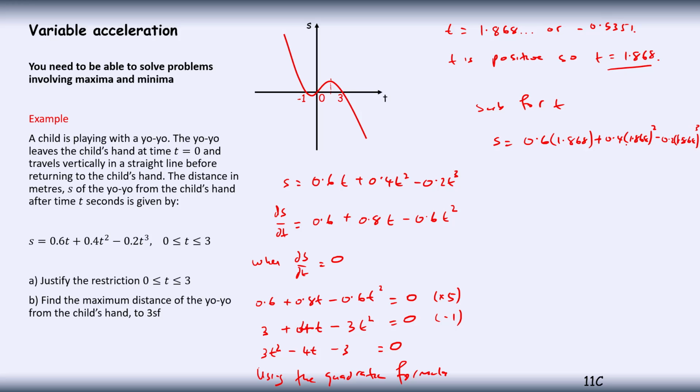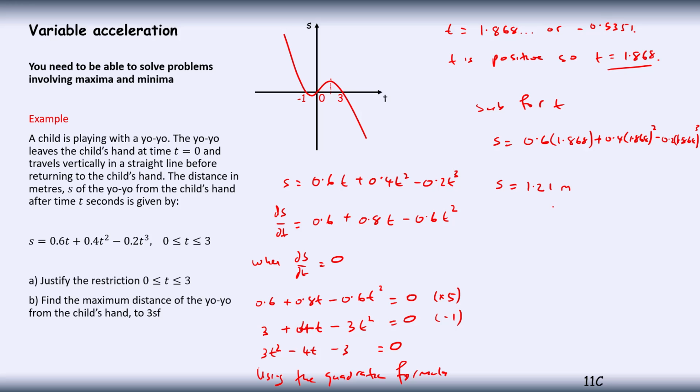Now, if you store this in your calculator as ANS, that would be even better. Once you calculate it, you find that s, the maximum displacement, is going to be equal to 1.21 meters from the child's hand, which is quite reasonable.